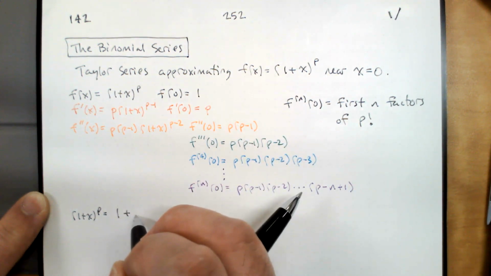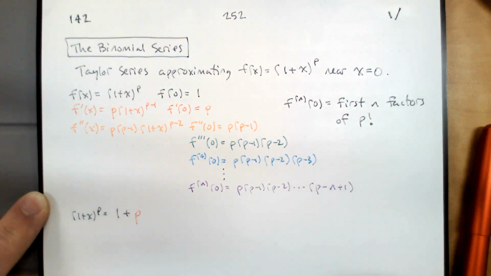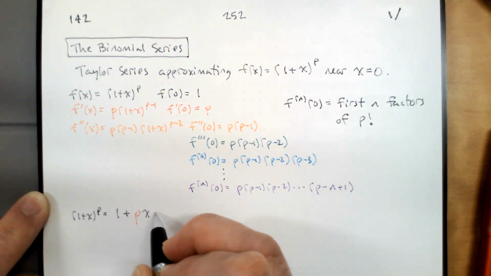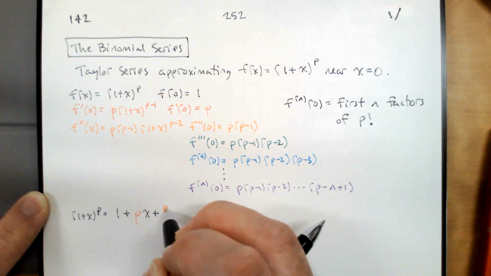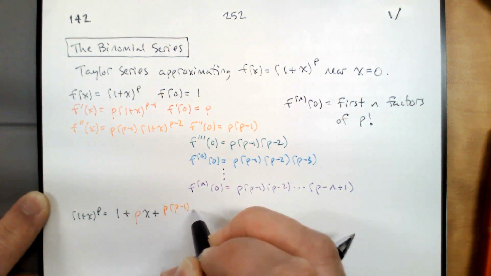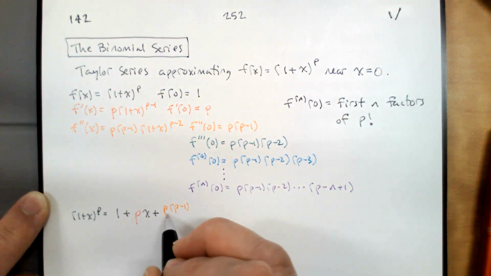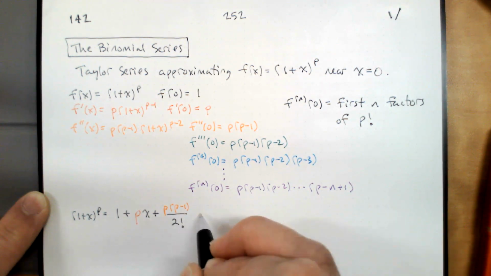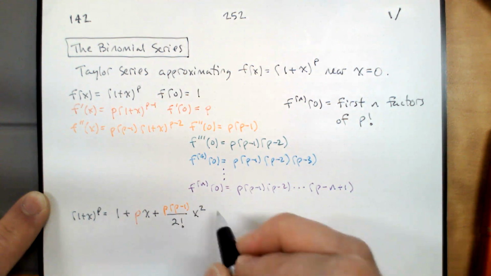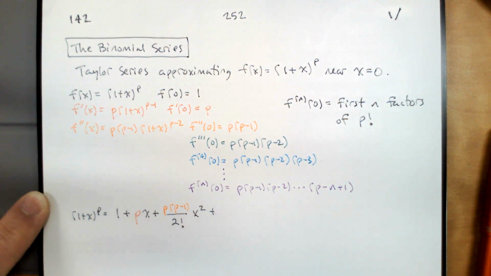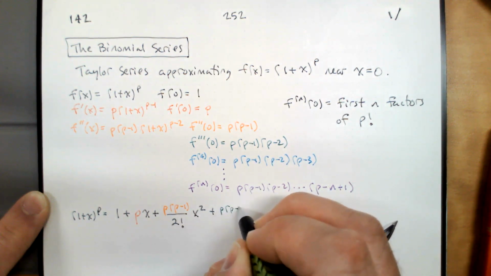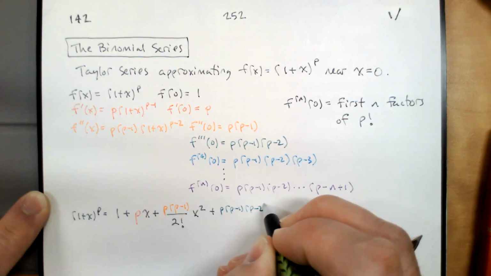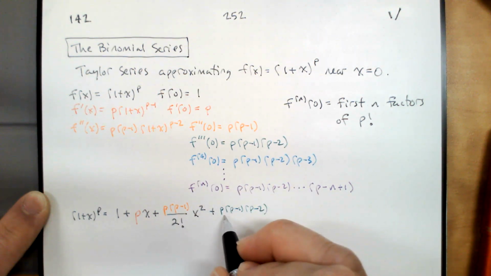This is a Taylor series around 0. Then the next coefficient will be p times p minus 1 over 2 factorial, x squared. And then p times p minus 1 times p minus 2 over 3 factorial, x cubed, and so on.